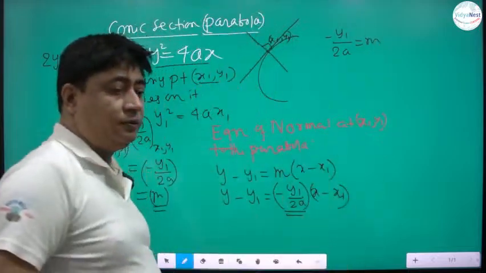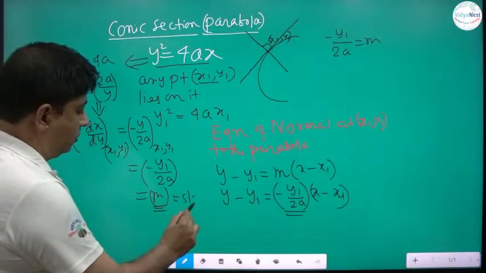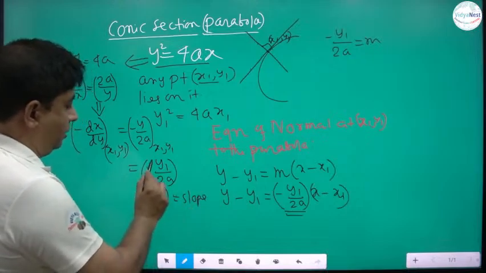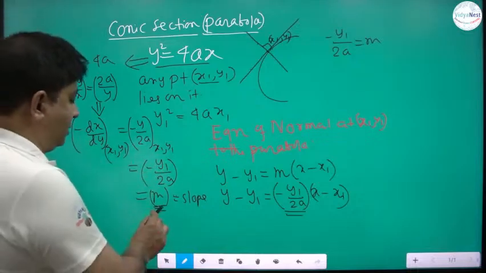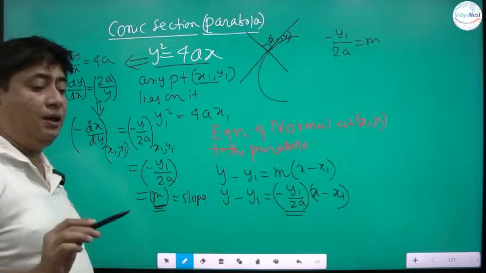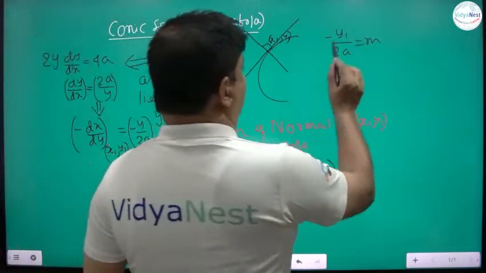Yes or no? This is slope of the normal. I derived slope of the normal is minus y1 by 2a, and generally slope of the normal is being denoted by m. So I can make them equal.